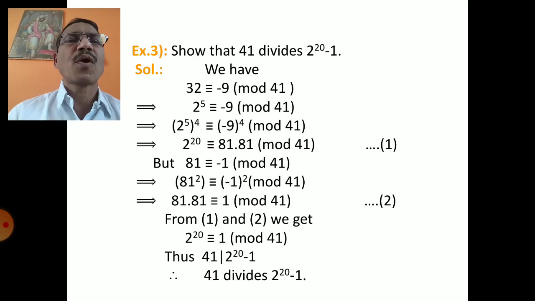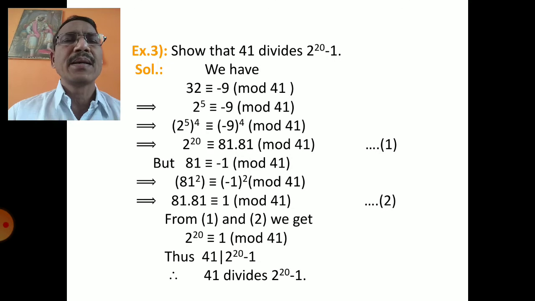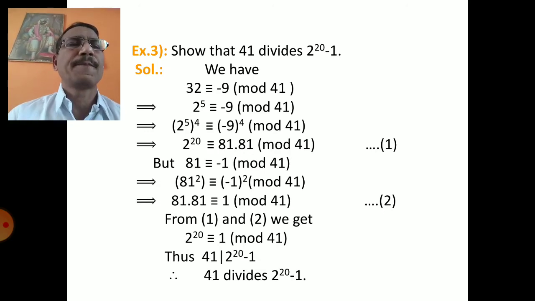Using this property for the congruences 1 and 2, we get 2 raised to 20 is congruent to 1 mod 41. 2 raised to 20 congruent to 1 mod 41 implies by the definition of congruence that 41 divides 2 raised to 20 minus 1, and hence the required result is 41 divides 2 raised to 20 minus 1.